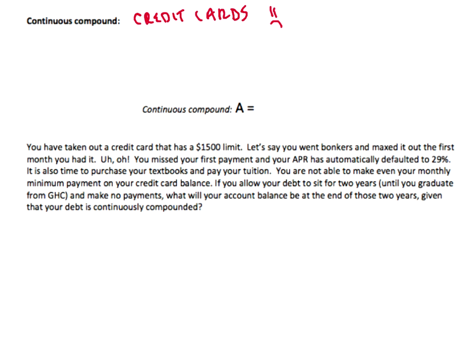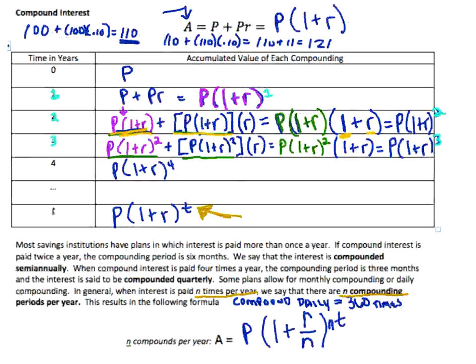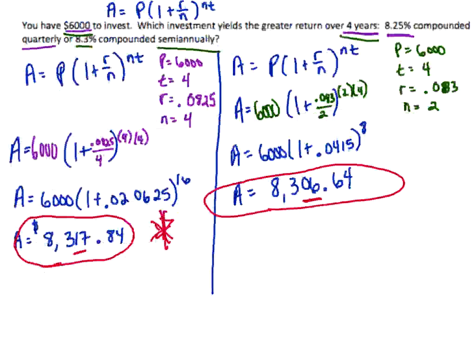Okay, so let's go back in our lesson and look at the compounding interest formula. We'll go right here and look at the top on the last page. If you notice, the inside of the parentheses here is 1 plus r over n raised to the nt power.